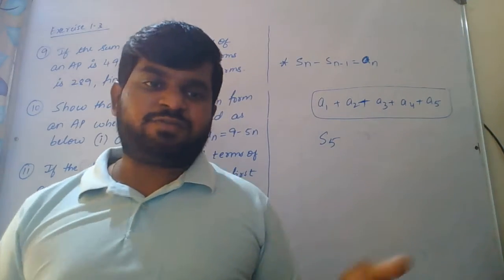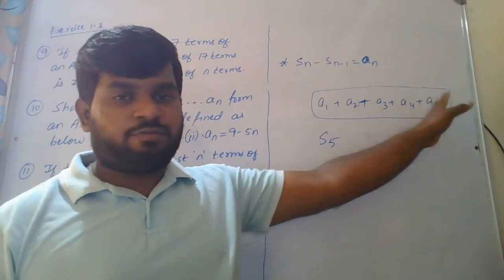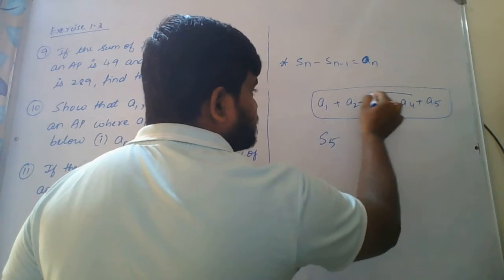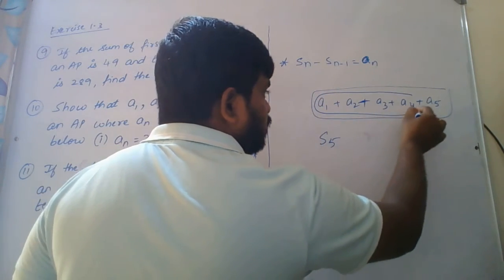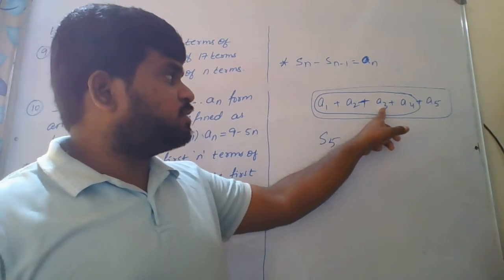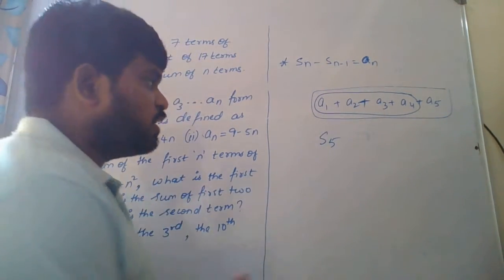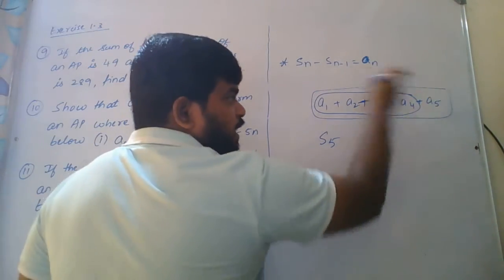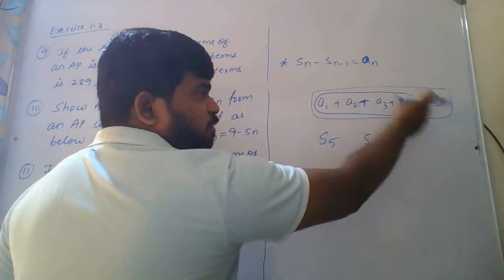What is S5? Sum of first 5 terms. Now just observe, if I consider only the inner one, first term plus second term plus third term plus fourth term, that is known as S4. And the complete one is S5. The inner one is S4.